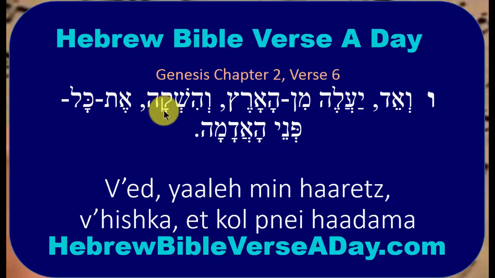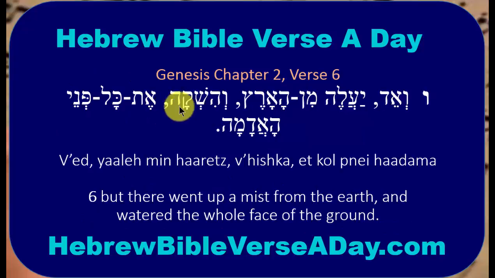Ya'aleh, oleh, aliyah means to go up. Min ha'aretz, from the land, from the earth. V'hishka, and it watered. Et kol pnei ha'adama.